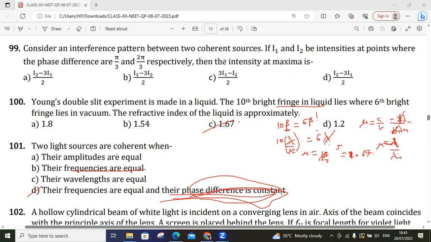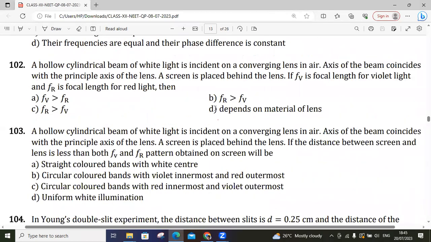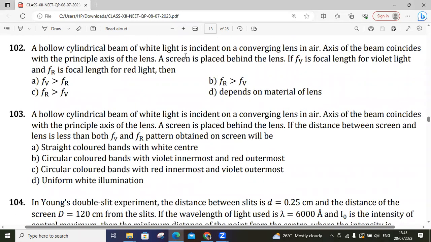Then 102 we will see. A hollow cylindrical beam of white light is incident on a converging lens in air.